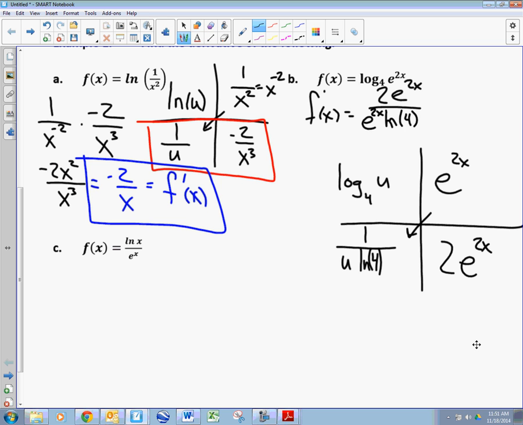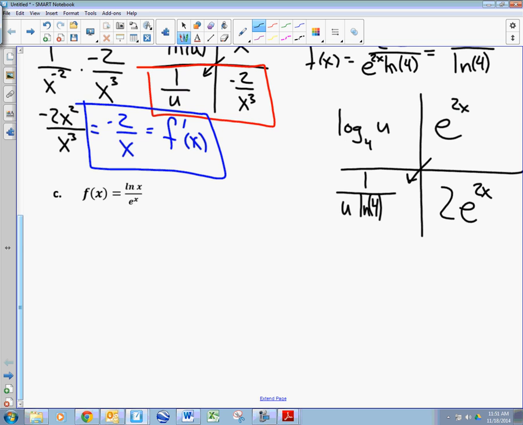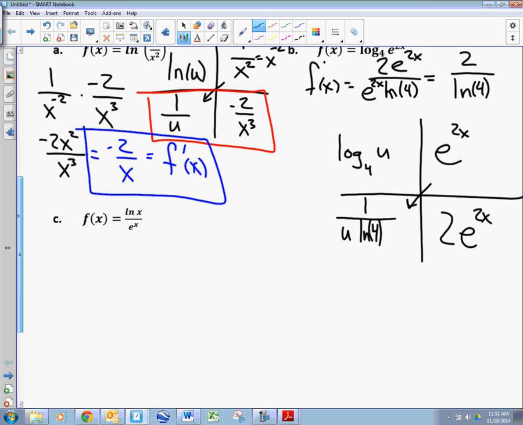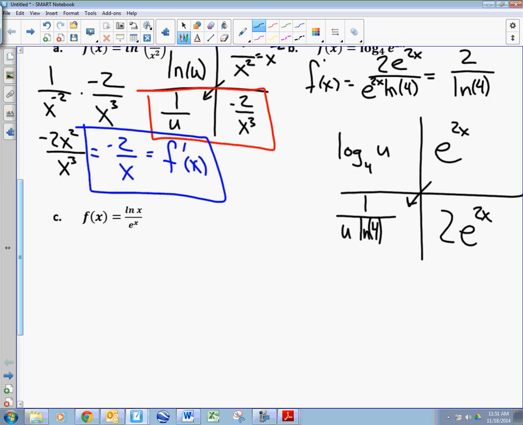So what happens? Okay, let's try C. Because the u is in the denominator.